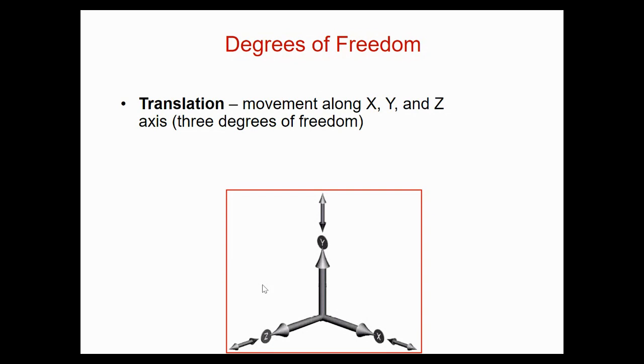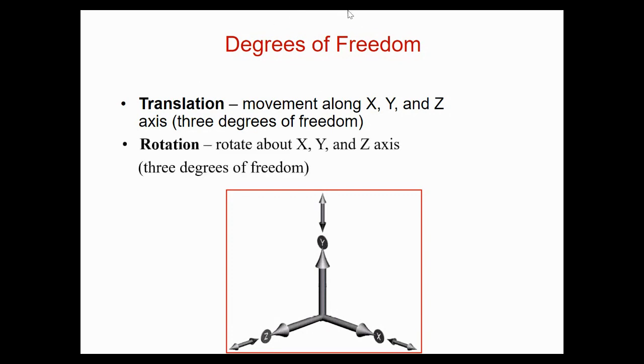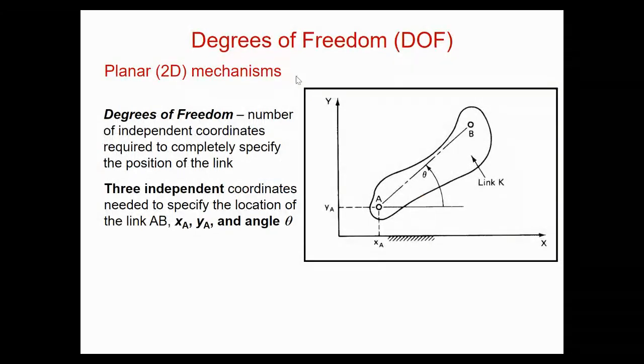The degrees of freedom in three-dimensional space, as we have said, we have three translations and three rotations. Three translations and three rotations. So in the plane, you have 3 degrees of freedom. This is a nicer way of showing it. So in the planar mechanisms, this I have explained before.